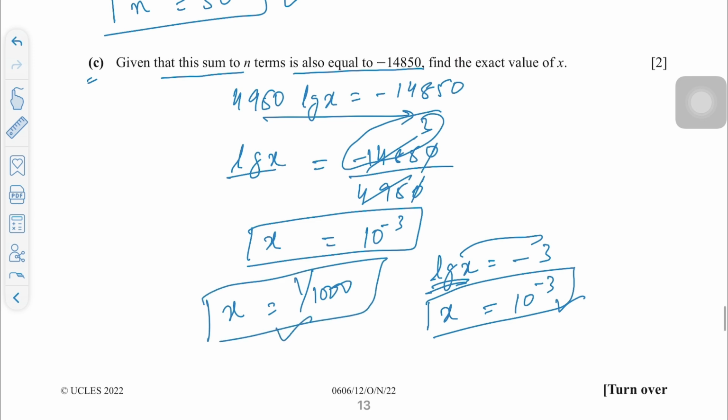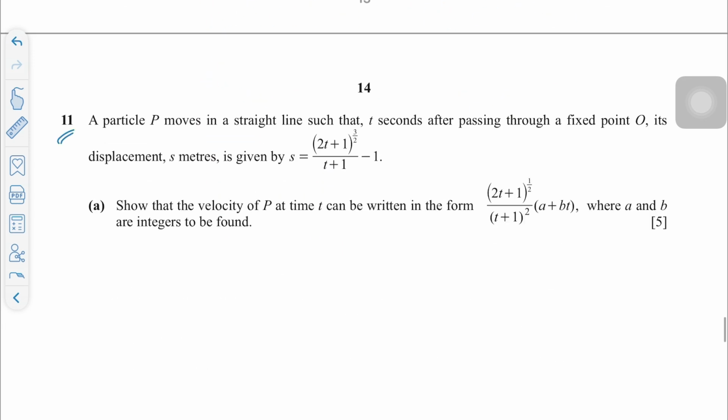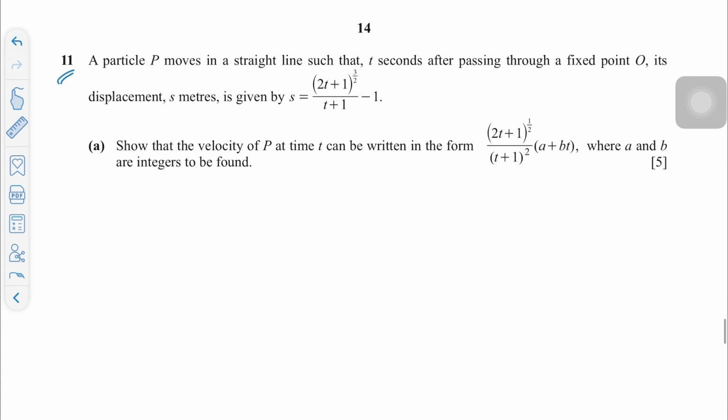Now moving on, we have our question 11. I think it is the last one, or we have the next one as well. So particle P moves in a straight line such that t seconds after passing through a fixed point O, its displacement s meters is given by this. Show the velocity at time t can be written as this, where a and b are integers to be found.